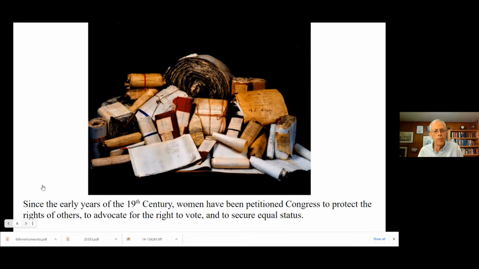You see several sizes and types of them here, but you notice in the back, there's a great big one that looks like a bale of hay. That would be thousands and thousands of signatures on separate sheets of paper that were then joined together and delivered to Congress. Others are of the same type, but maybe a little smaller in size. You see one in the back tied with the red ribbon and so on.